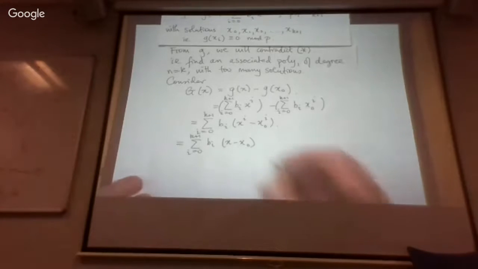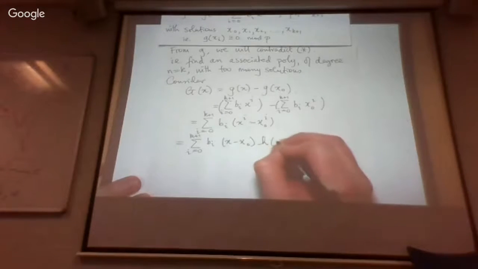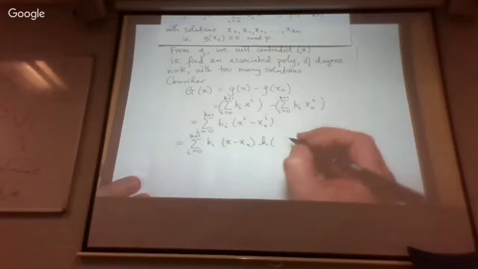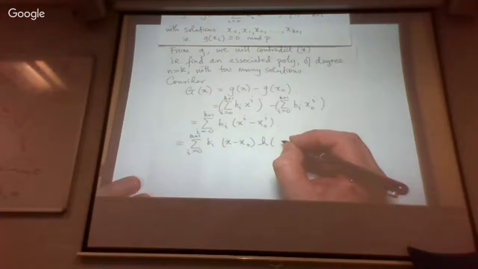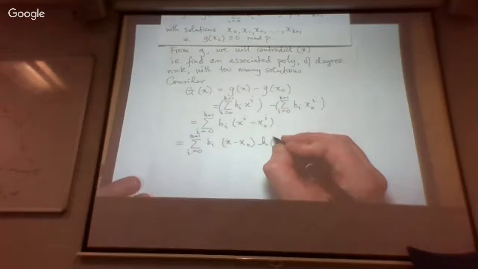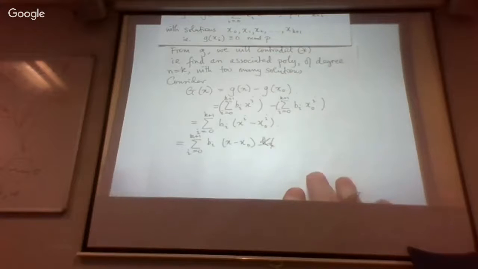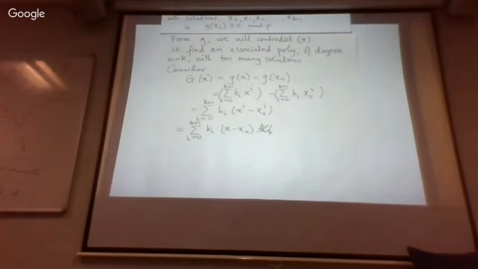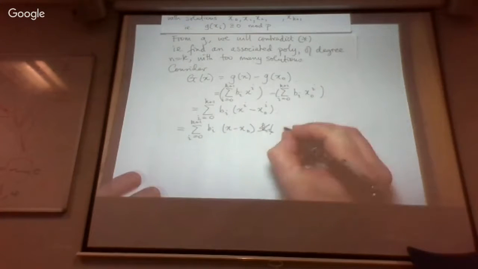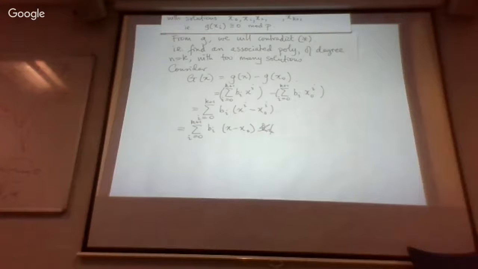I'm not particularly interested in what it looks like, but it's the other complementary factor.